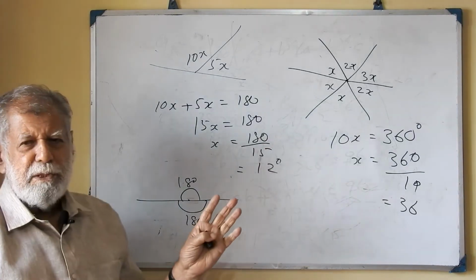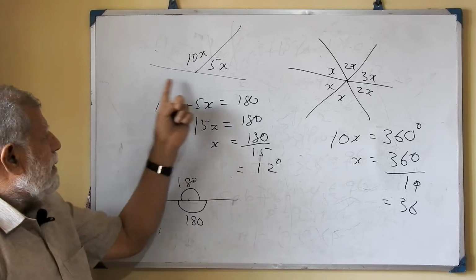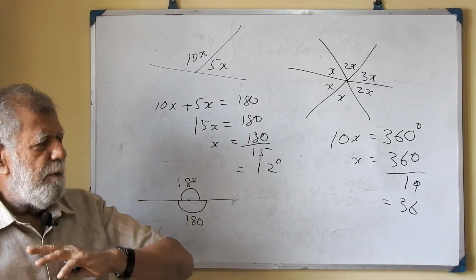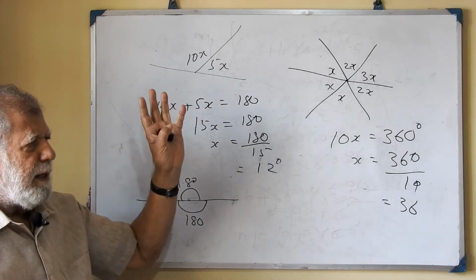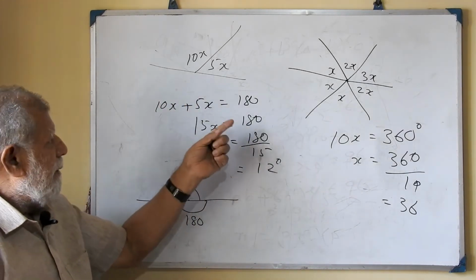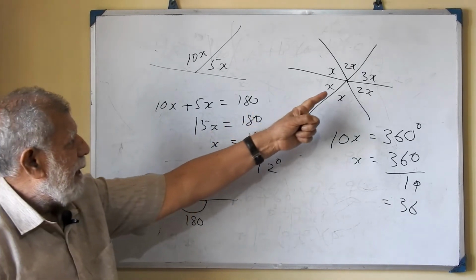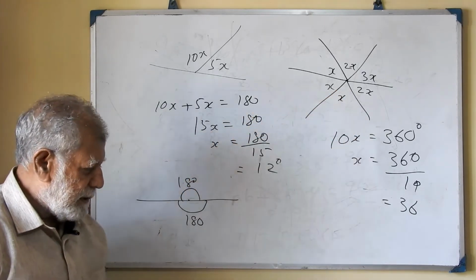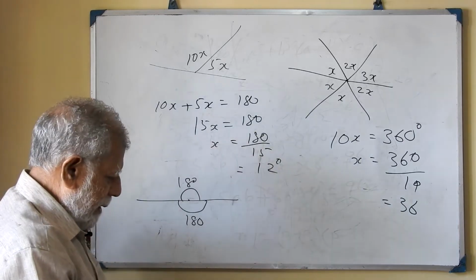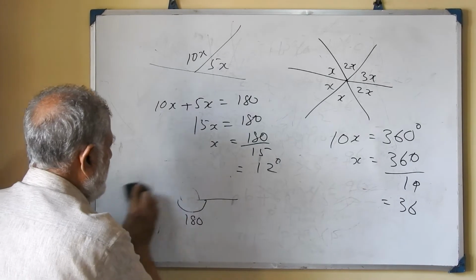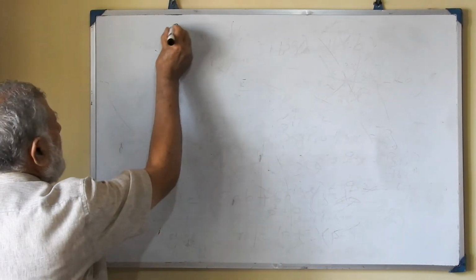So we have studied two things now. First of all, angles on a straight line add up to 180 degrees, very, very important. Everywhere in numerical sums you will be getting angle straight lines, where you have to assume that they are adding up to 180. Then we have angle round a point that is equal to 360 degrees. Then we have, okay children, another thing that we should know: complementary angles.